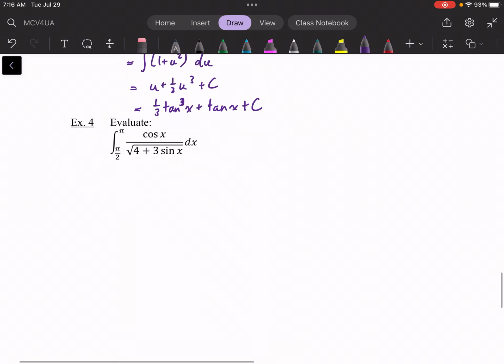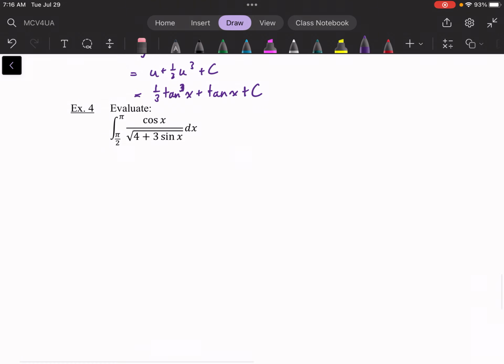Now let's take a look at our last problem. And the last problem actually has us evaluate here. So I'll show you how to deal with an evaluation instead. So in this case, notice the function 4 plus 3 sine x is under a square root.